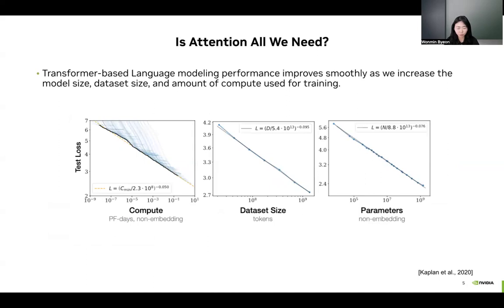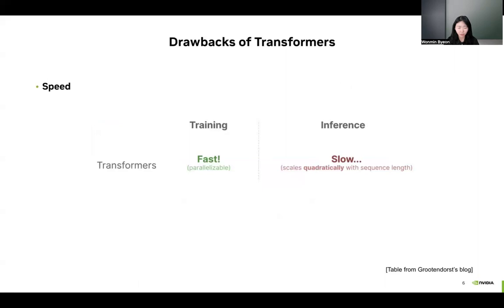In previous work, they found that transformer models' performance improves smoothly as we increase the model size, dataset size, and amount of compute. That's how we now see that it can scale really well. But there are some drawbacks. The first is the inference speed.